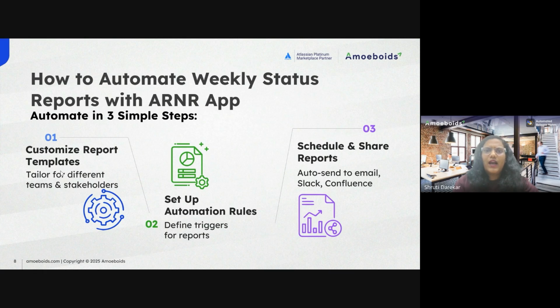Maybe weekly, bi-weekly, after every sprint or after every release, after every n number of days or before n days of any release and so on. So set up those automation rules and that's it. Once the automation rule is set, whenever the trigger hits, it's going to share reports with all your stakeholders.